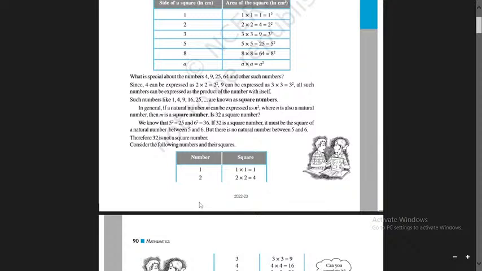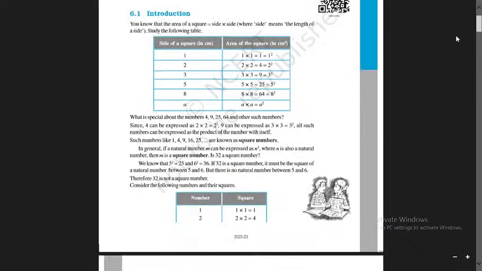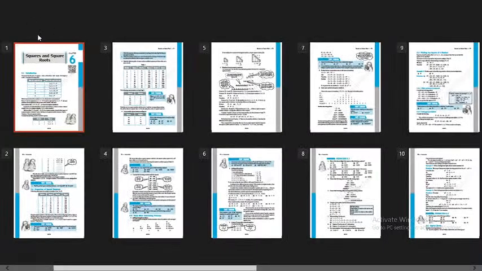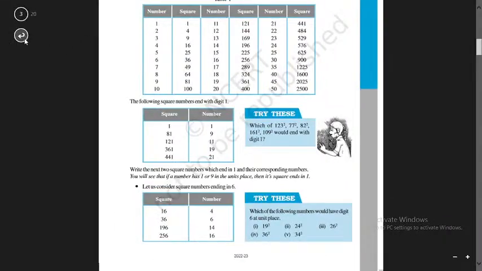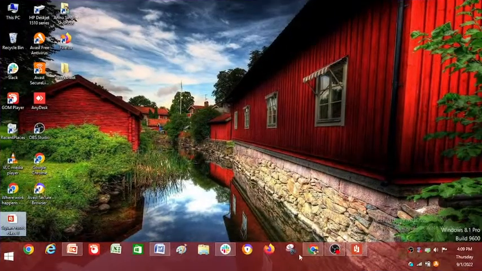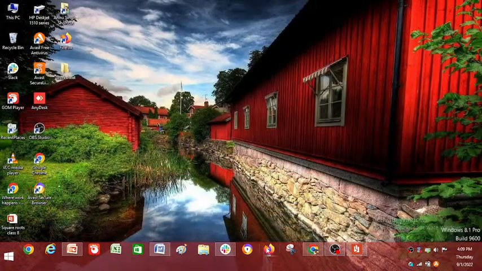So the numbers 1, 4, 9, 16, and 25 are known as square numbers. So I hope I'm clear till here. Now we will try to move to this.